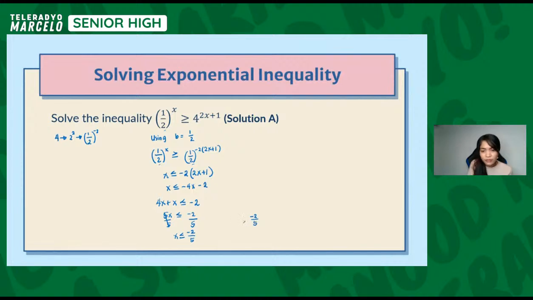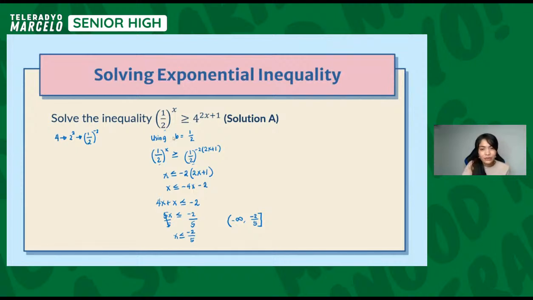Of course, yung mga value na papuntang negative infinity. And sabi natin included sa sagot yung negative 2/5, so we will use braces here. Okay, so that is the first solution that we can use to solve for this exponential inequality.